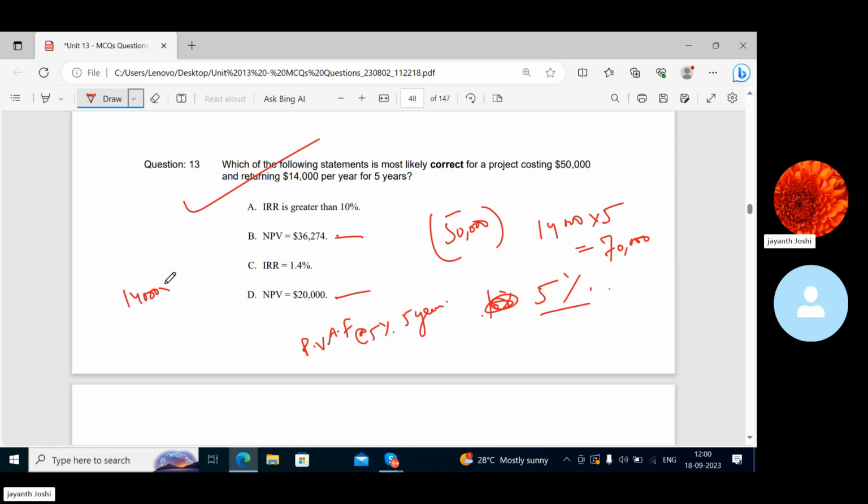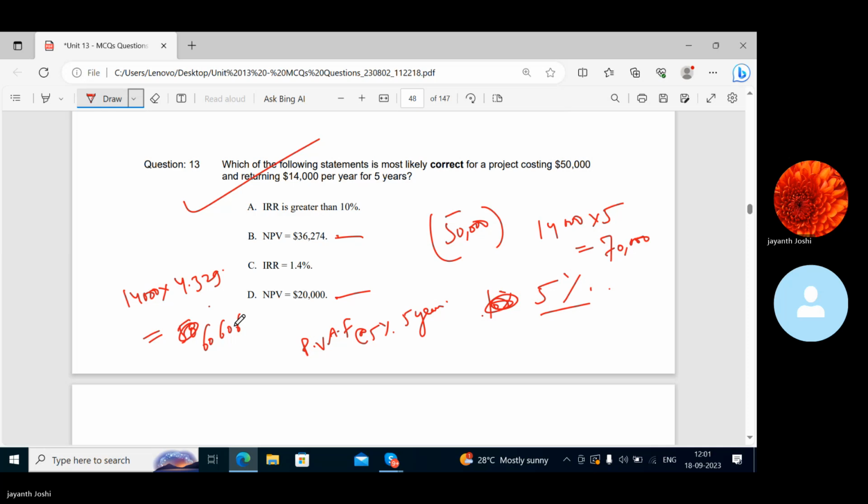4.329. If you multiply this, what are we getting? 60,606 against 50,000. We are getting a positive NPV. Can you tell me for 10%, 5 years? 3.791.